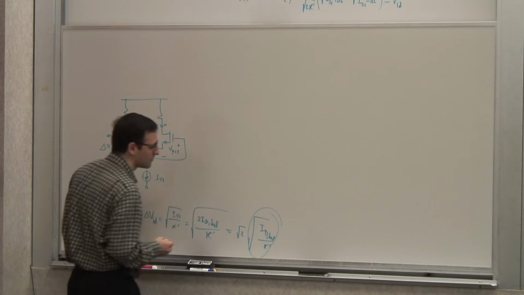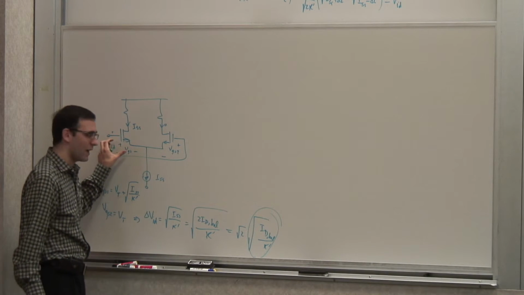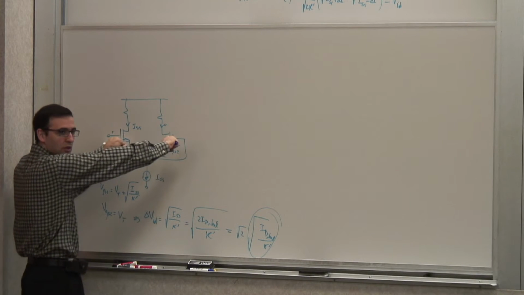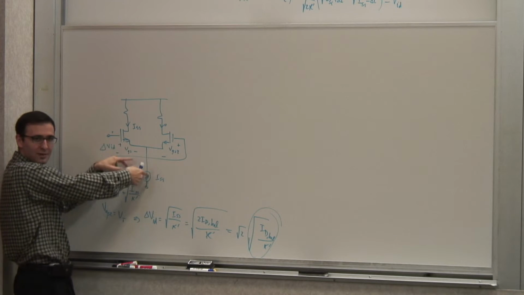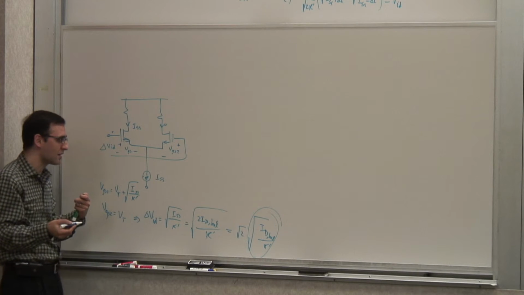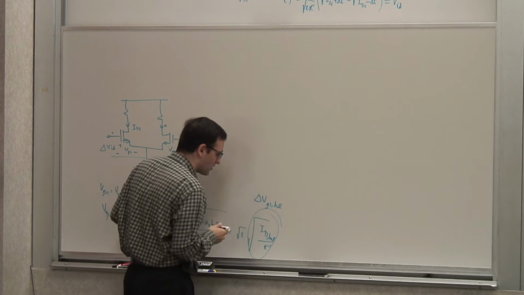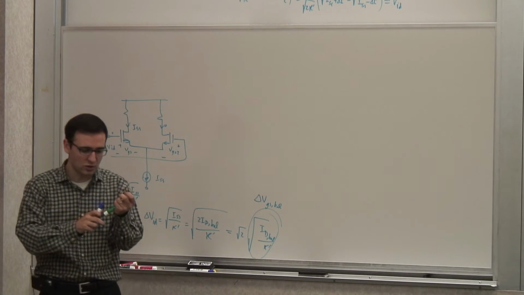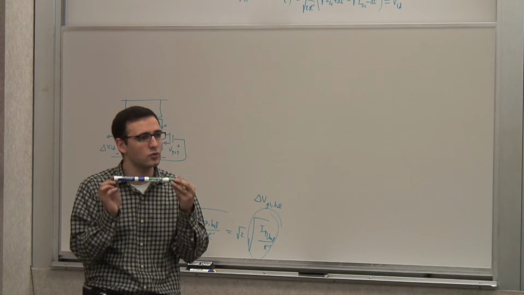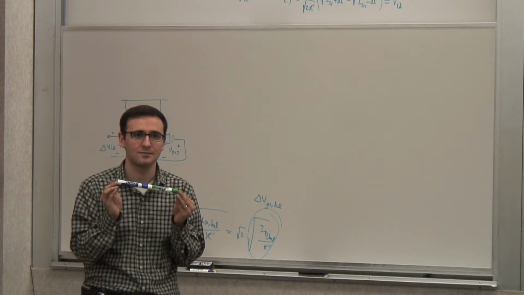But what is this? That's the gate overdrive, the excess voltage you have on the gate when the stage is balanced, when these two are equal. You need to maintain a certain level above VT to make sure that the current flows. It's called a gate overdrive, or delta VGS balanced. So what it tells you is that the voltage that makes this stage completely switch to one side is the square root of 2 times the gate overdrive when the stage is balanced.